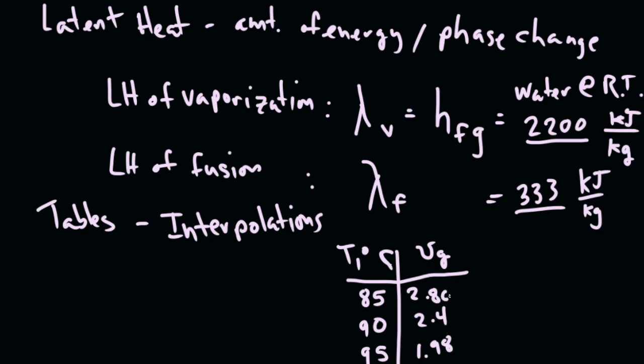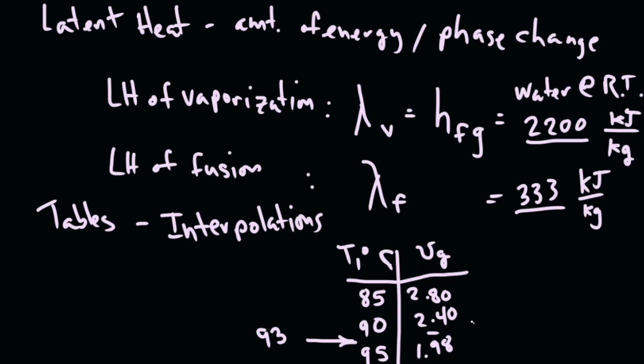Let's go with two significant figures. Suppose you want to get the specific volume of gas for a temperature of 93. You wouldn't be able to use this table without interpolating. You would do a linear interpolation, so your value would be between 1.98 and 2.40.